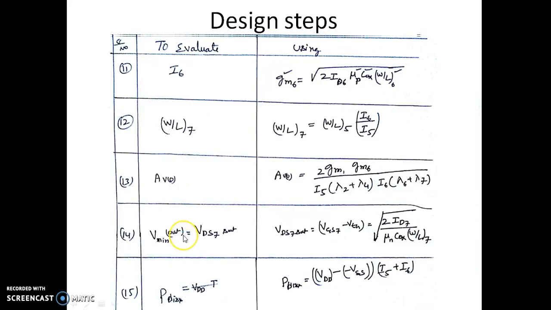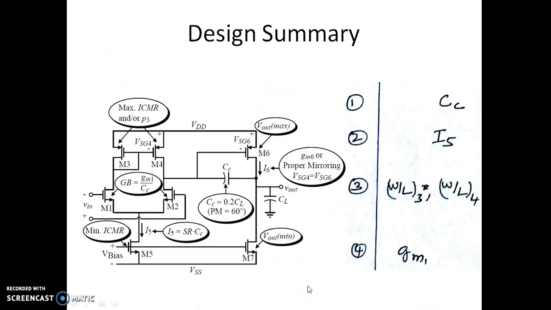Next, verify whether the output minimum is as per our requirement, and then the power dissipation, which is given by VDD minus of minus VSS into the overall current in the circuit. I5 is in the differential pair and I6 is in the CS stage, so the overall current is I5 plus I6. The potential difference is 2.5 minus of minus 2.5, which is 5, multiplied by the summation of the two currents, which gives the power dissipation.